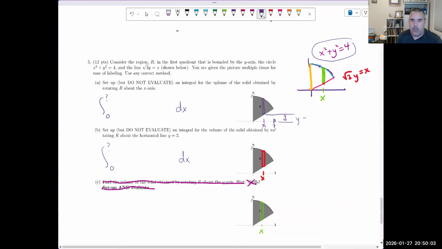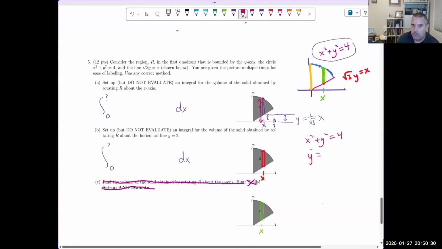I can label this height right here, the pattern for it. It's y equals 1 over the square root of 3x. And that's the thing that's closest to the x-axis. And I can also label the far side, because it's a point on the edge of the circle. And if a point is on the edge of the circle and I want to get y by itself, I can do it.